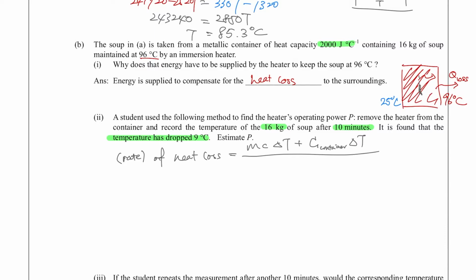Besides mc delta T of the soup, we also take into account the container. The mass of soup is 16 kg, specific heat capacity of soup 4200, and delta T is 9 because the soup has dropped 9 degrees. The container has a heat capacity of 2000, and delta T is also 9. The time used is 10 minutes, so we have 10 times 60 to change it into seconds.